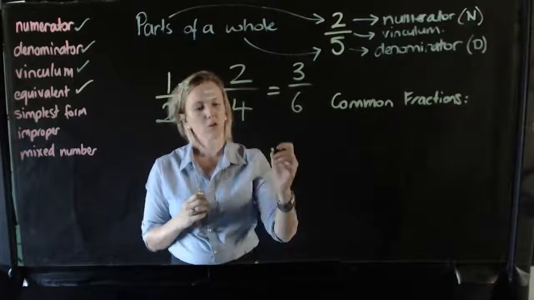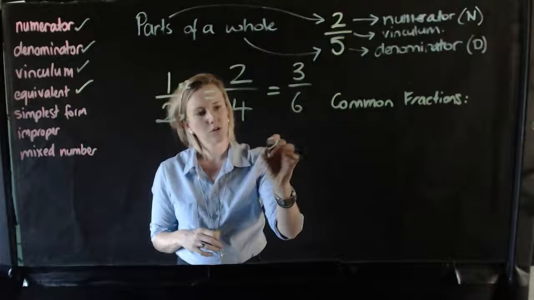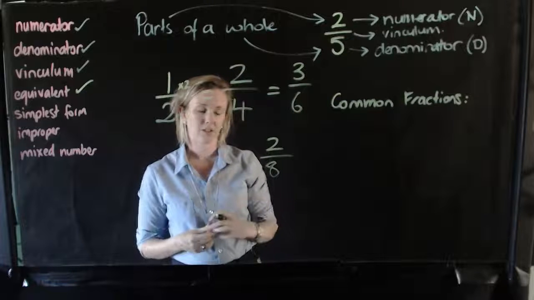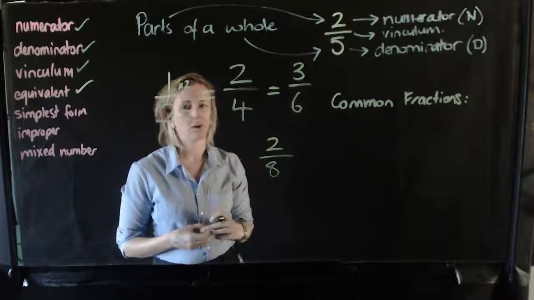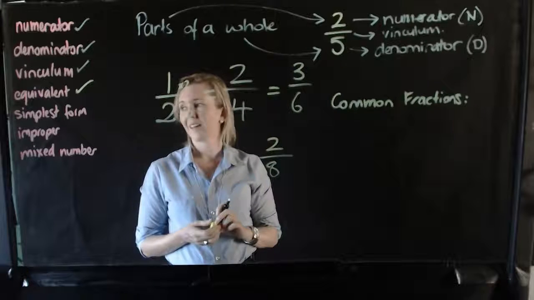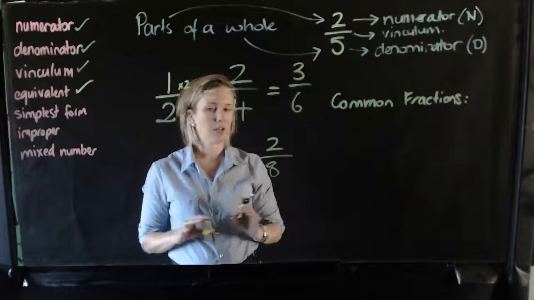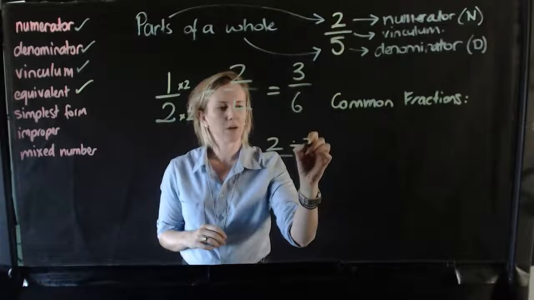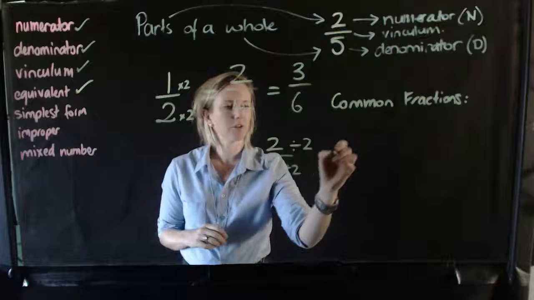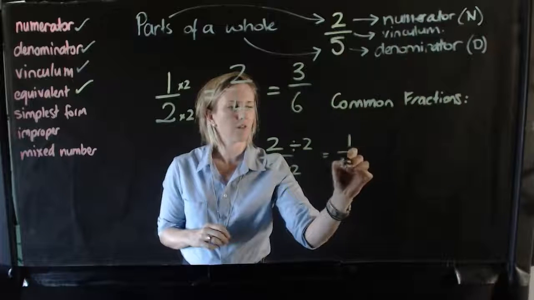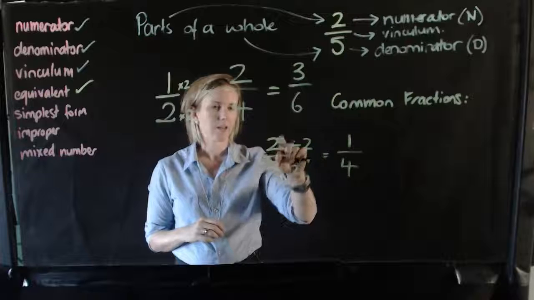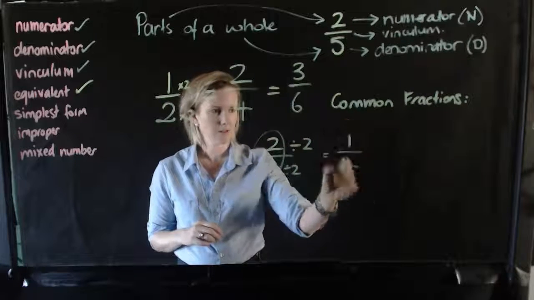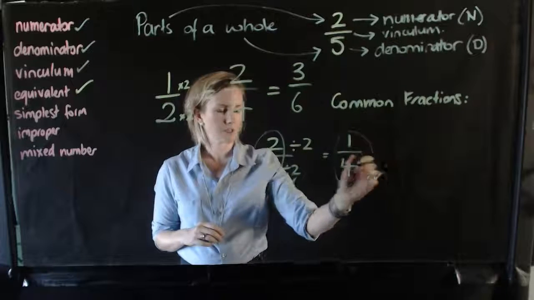So for example, we might go 2/8 and it might say find the simplest form, or break that fraction down into the simplest form, and you're going to divide the top and bottom by the same number so that you can't divide them anymore by any number. So I'll give you an example. Here, if I divide by 2 and divide by 2, I've got 1/4. And that's an equivalent fraction to this one here. These two are the same as each other.